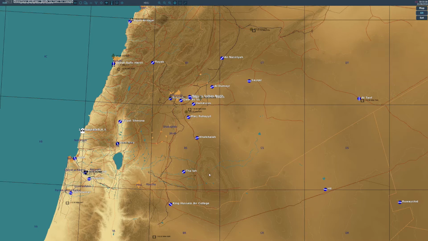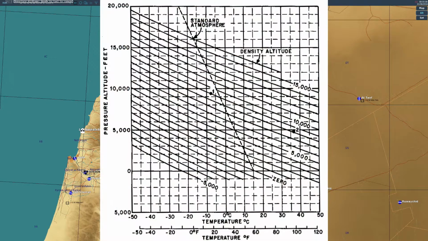Now, because of that, we know that we're going to be starting at around 0 feet, and the temperature in the scenario is at around 35 degrees C. And if we look at the chart, that means if we're starting at around sea level, our aircraft is going to be experiencing things as if it's already sitting at a little over 2,000 feet, and we're starting at sea level.